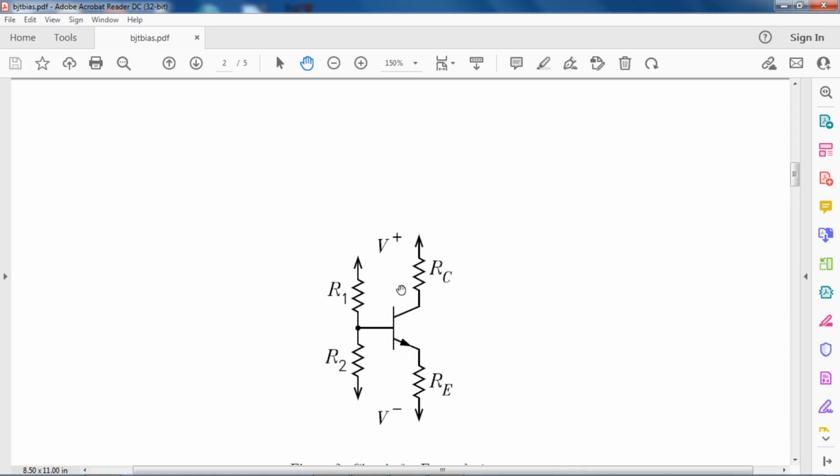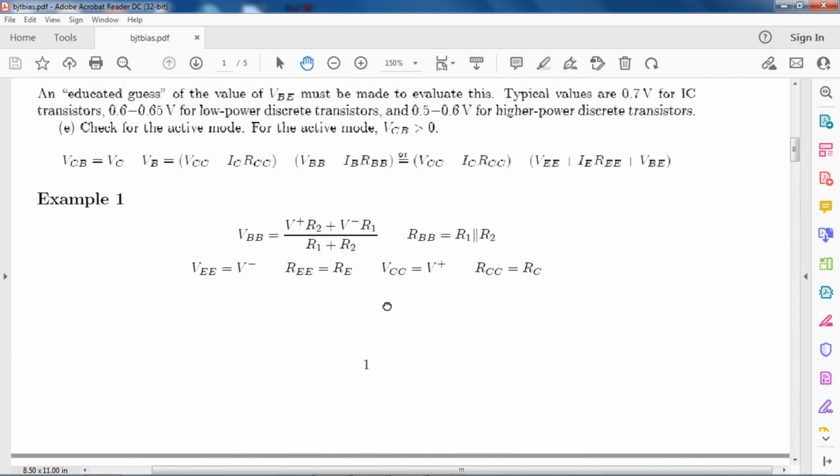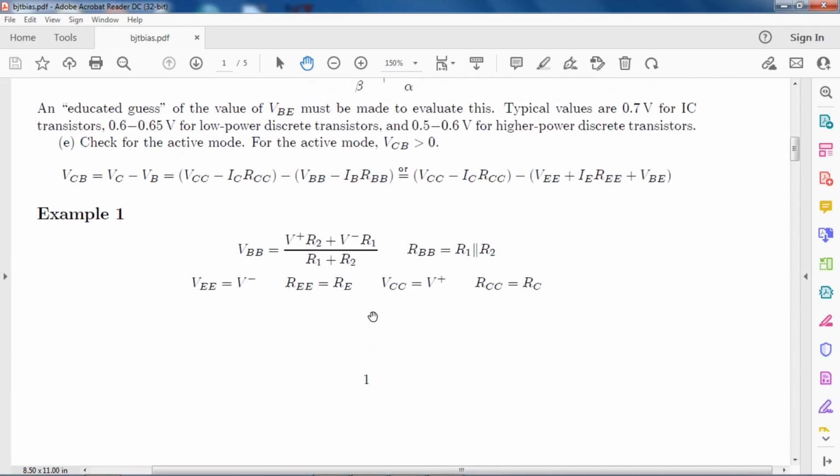Now let's go back to the equations. In this case, VBB is equal to V plus R2 plus V minus R1, divided by R1 plus R2. RBB is R1 in parallel with R2.